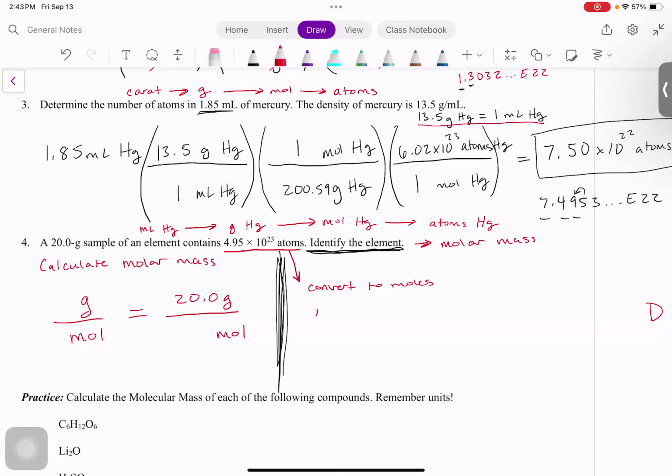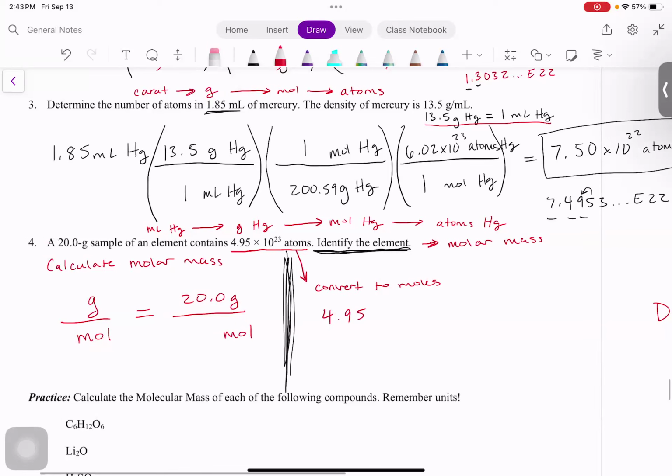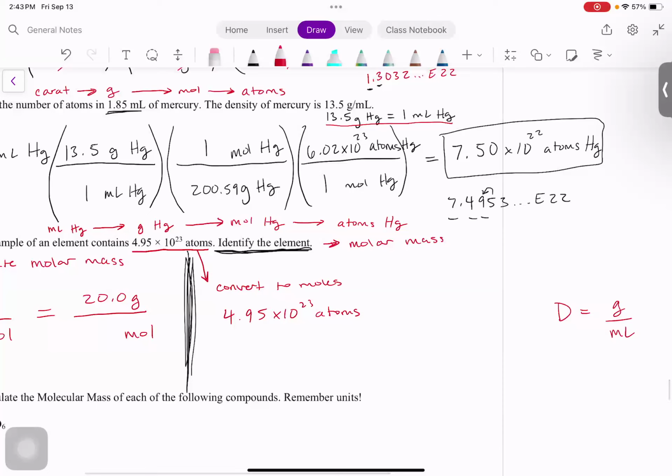So I'm going to convert my 4.95 times 10 to the 23rd atoms into moles. And to do that, all I need to do is use the definition of a mole. Well, I know that there's 6.02 times 10 to the 23rd atoms in 1 mole. So that's how I can do this conversion.